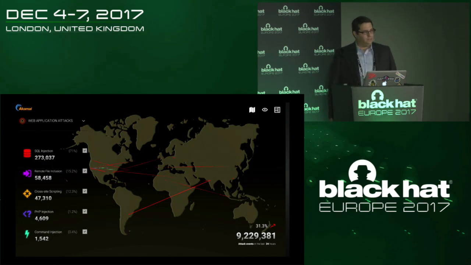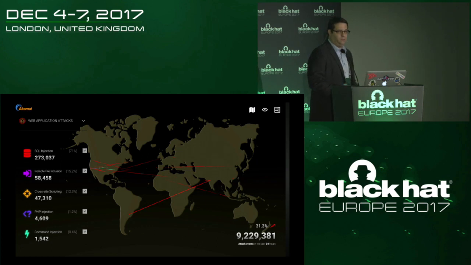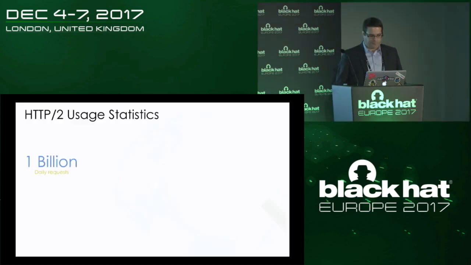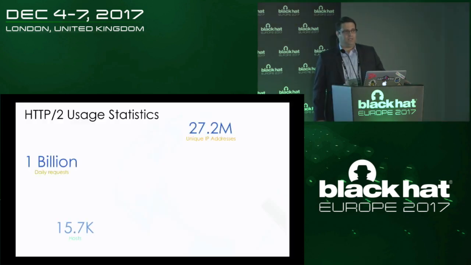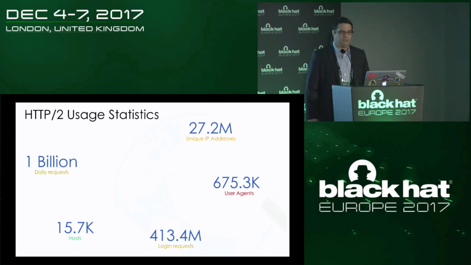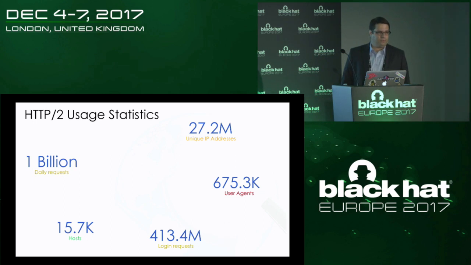When we get to the threat landscape, one of the things that we do analyze and collect on this platform is web attacks, and we see a lot of those attempts. So that was used for depicting the threat landscape as well. Some statistics about H2 that we see on the platform. I know that from time to time there are some adoption rate statistics on the internet. The latest one that I've seen is from, I think, September, and they are talking about 17% H2 adoption, which is quite high.